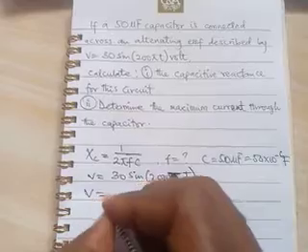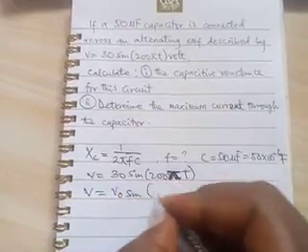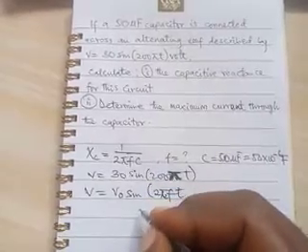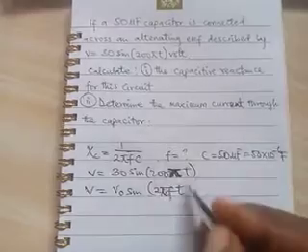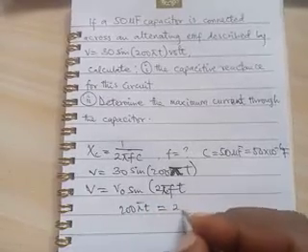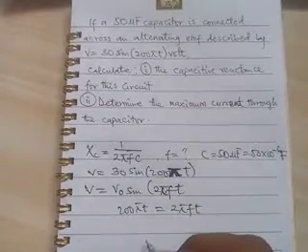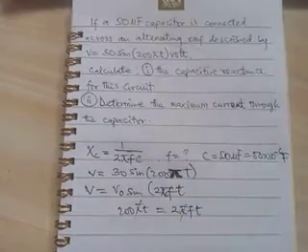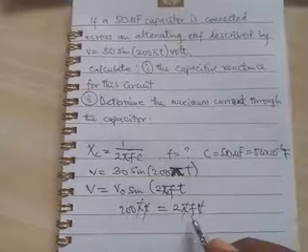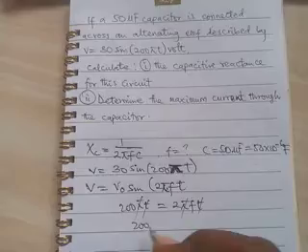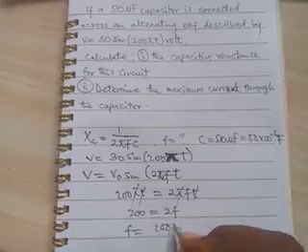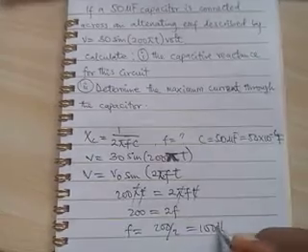If we compare V equal to V naught sine 2 pi f t, here now they look alike, so we can say 200 pi t is equal to 2 pi f t. Here pi is on both sides, so we cancel. t is on both sides, we cancel. What it means is that 200 is equal to 2f. Therefore, f is equal to 200 over 2, which is 100 hertz.